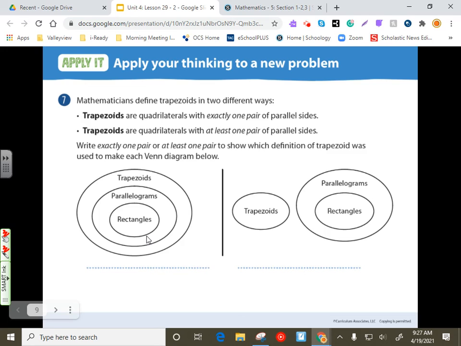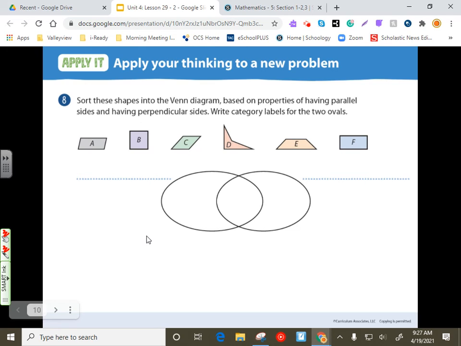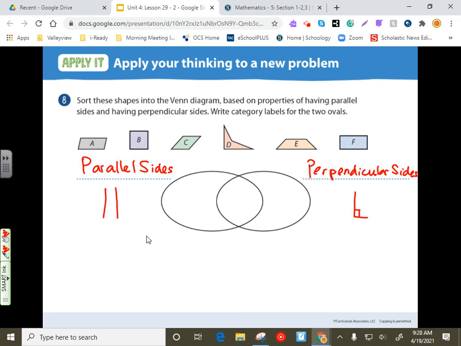Next up, number 8. Sort these shapes in the Venn diagram based on properties of having parallel sides and having perpendicular sides. So let's set that up. Parallel sides, perpendicular sides. Now perpendicular, when they say that, that's something like that. Parallel sides, I can represent like that.